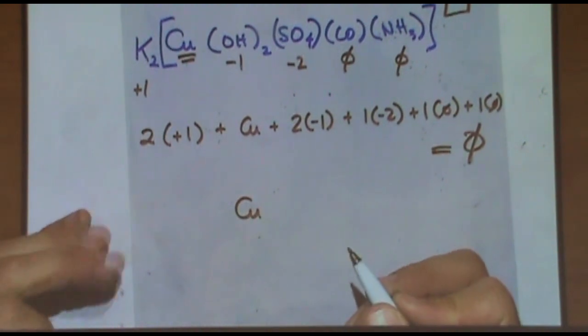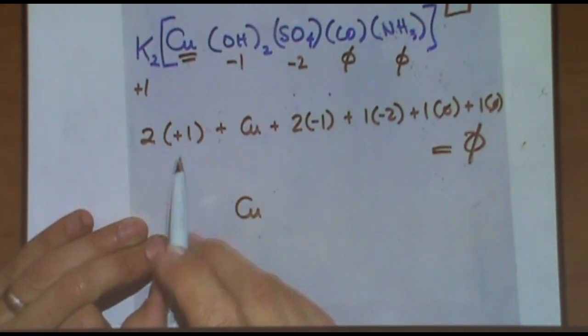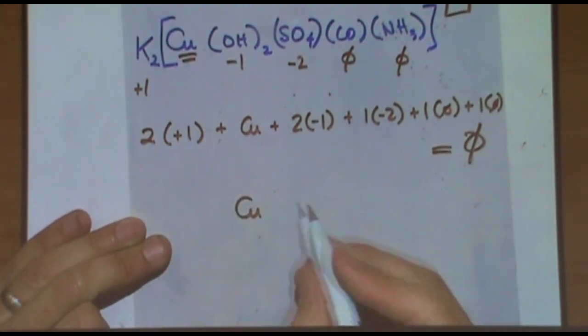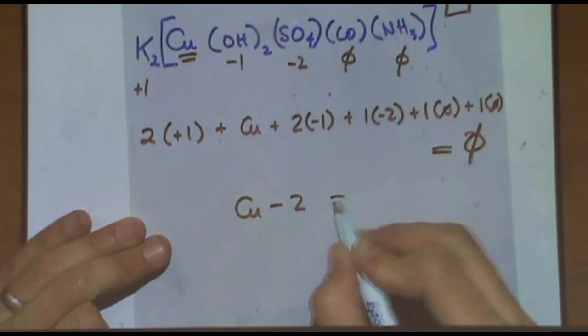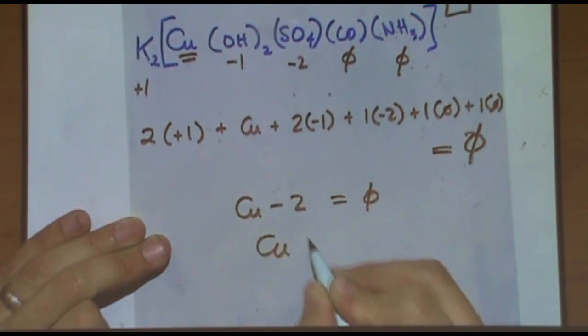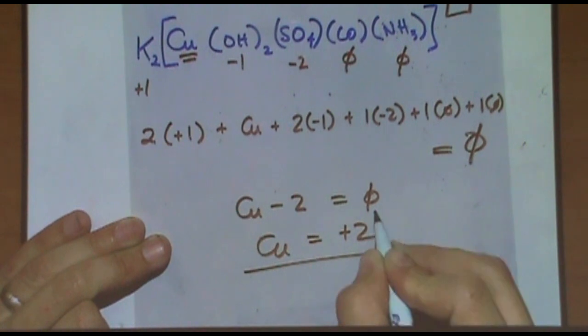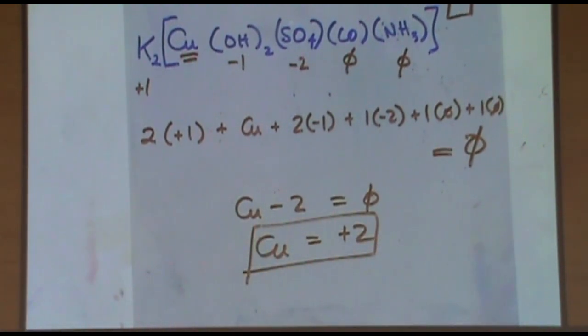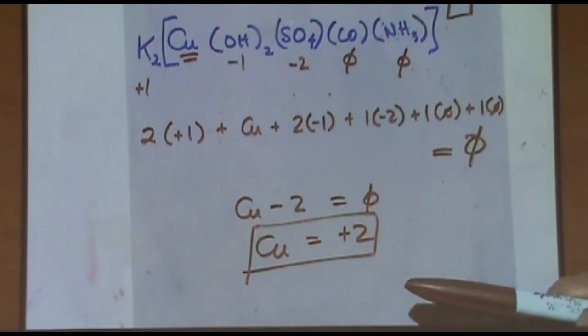Cu, hopefully I set this up correctly, plus 2 minus 2 minus 2, that sounds like a minus 2 equals 0. Is that an expected charge for copper? Yeah, this is the cupric ion, or copper 2 ion.